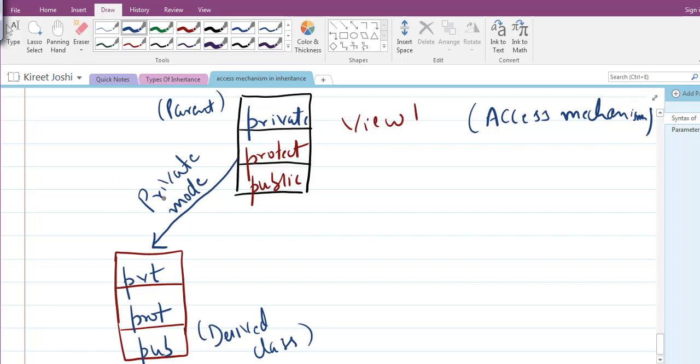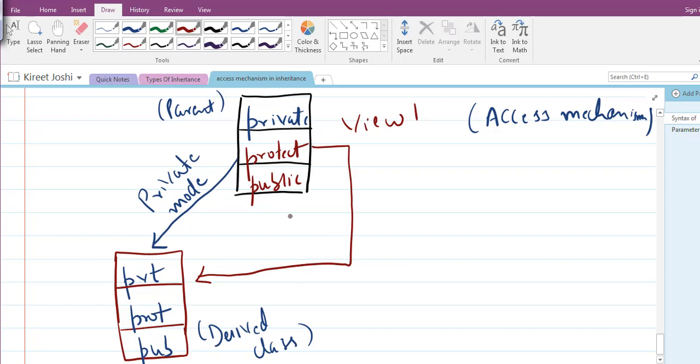If the visibility mode is private, then the private members are inaccessible, so we are not going to change this. Remember, if the visibility mode is private, the protected members of the base class will become the private members of the derived class.